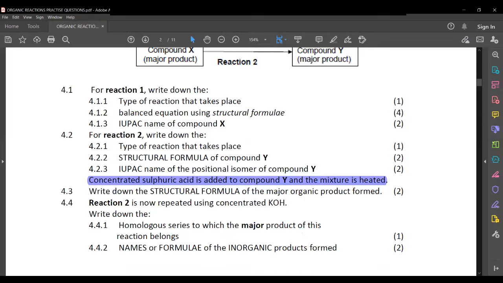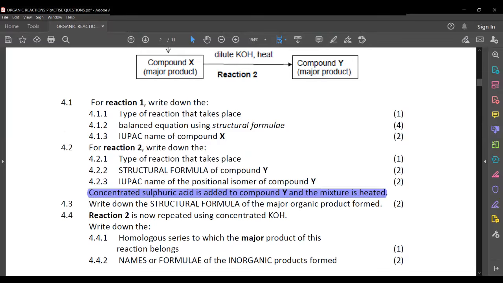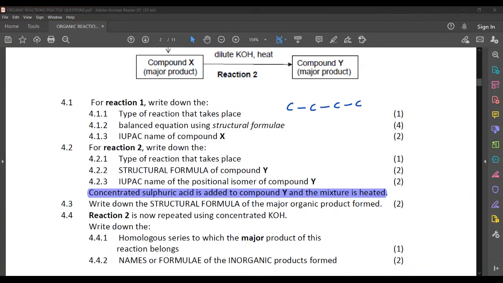Write down the structural formula of the major product formed. So you're coming from compound Y. It's okay, let me take you through, don't worry. You're coming from compound Y, so let me know if you don't understand something. So what is compound Y? Compound Y is this one, where the OH is on carbon number 2. And the question says you are reacting this with concentrated sulfuric acid.